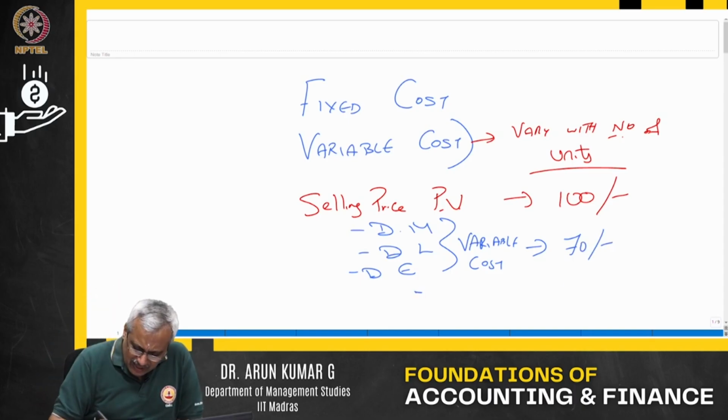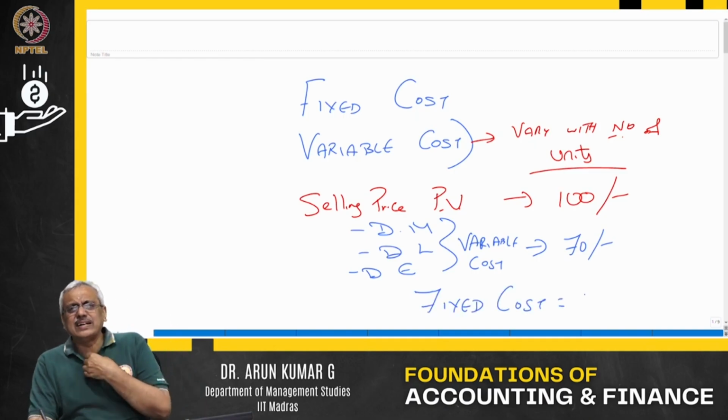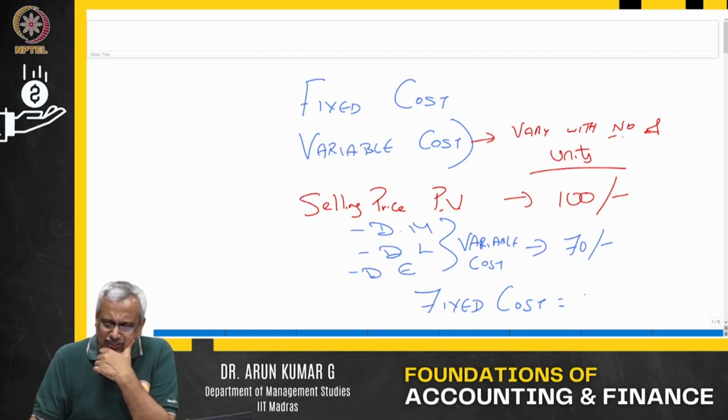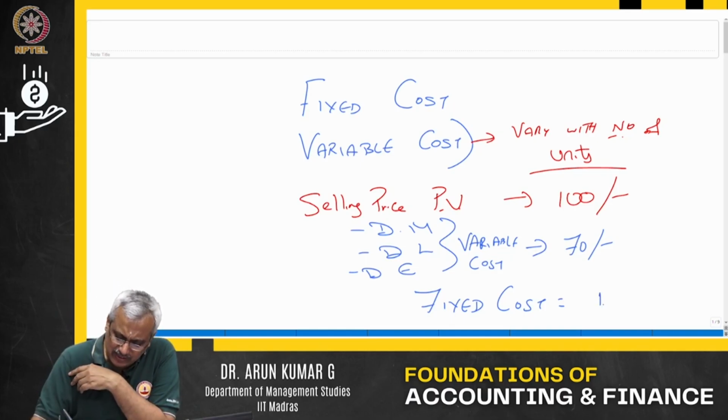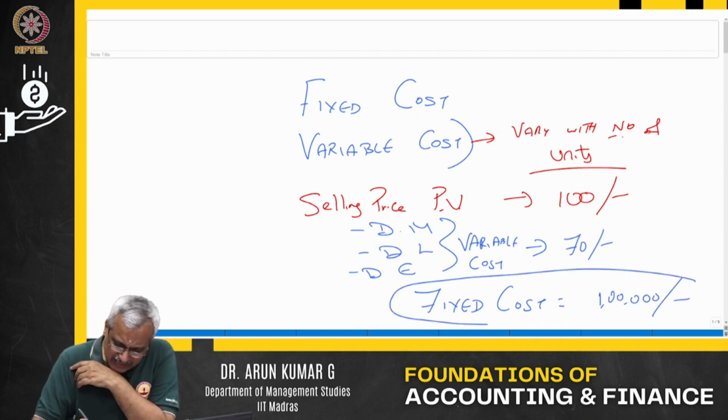Your fixed cost is not related to the number of units you manufacture. My total fixed cost is, let us say, about 1 lakh. This fixed cost is not going to change.